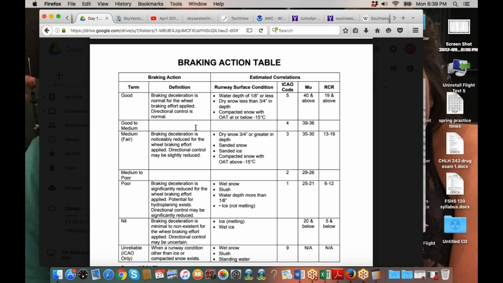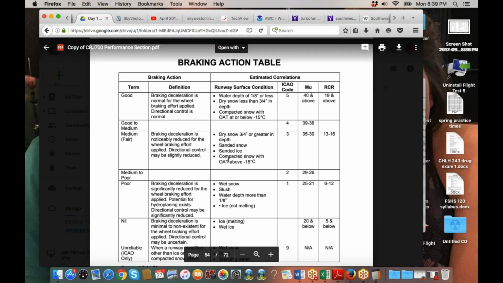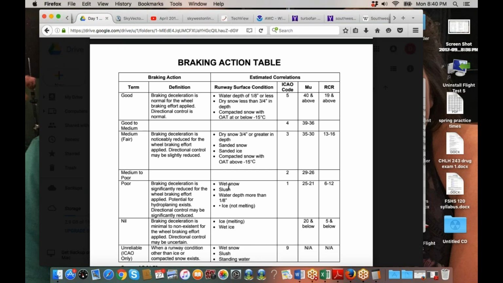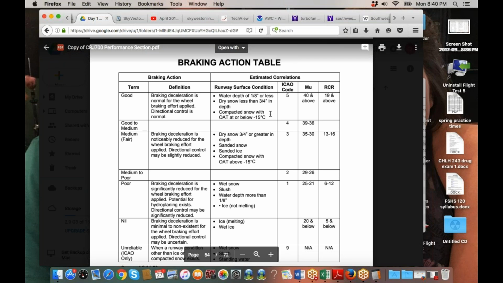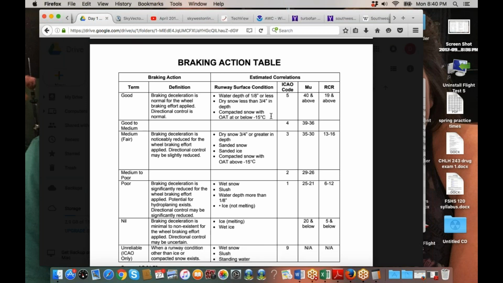They have everything defined, and you don't need to memorize these or anything. Don't worry about that. We're just going to go over this and go over why. So on landing, we have to plan to land with 60% of the runway, just because things go wrong all the time, and maybe they don't put it down soon enough, or whatever.